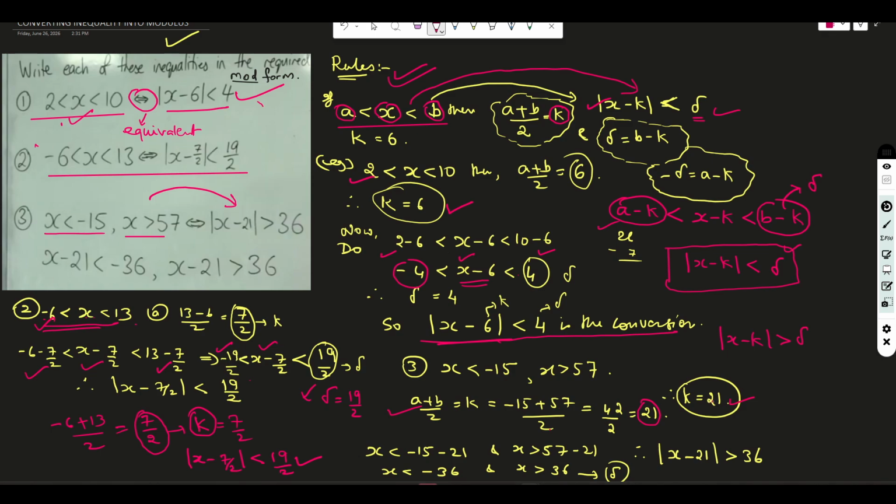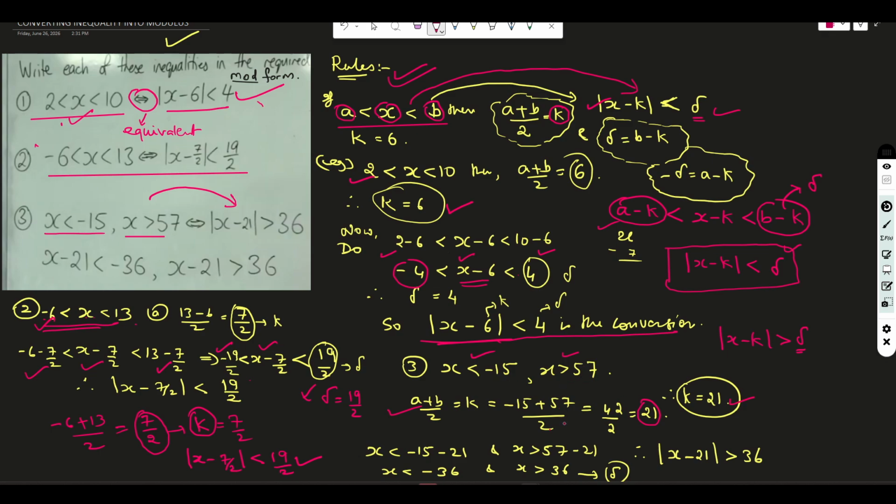Once you get k, you are left with the delta. How to find out delta? Again, you have to do the same thing. In these inequalities, now you have two different inequalities. So you subtract this k from both these values, that is 57 and minus 15.